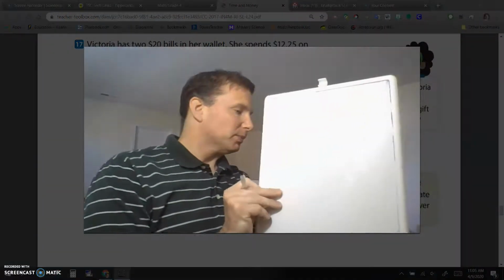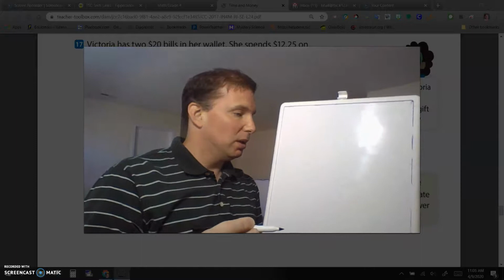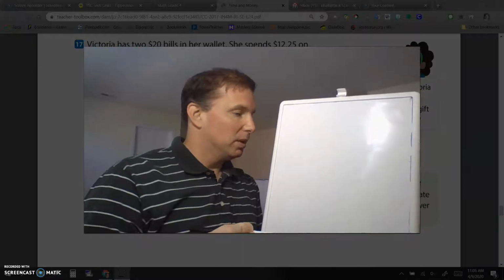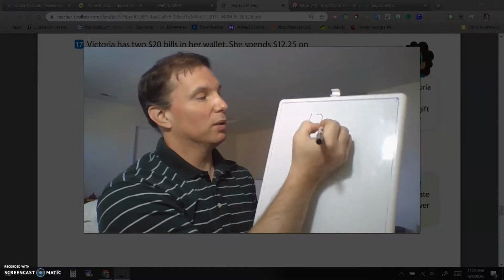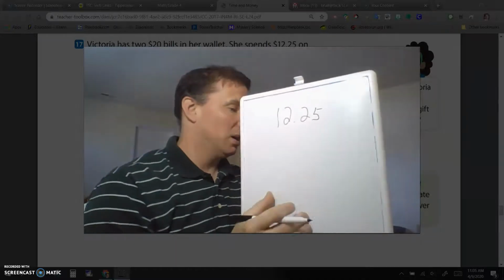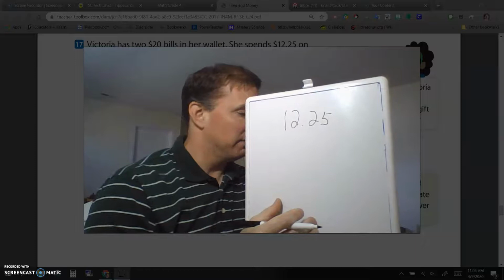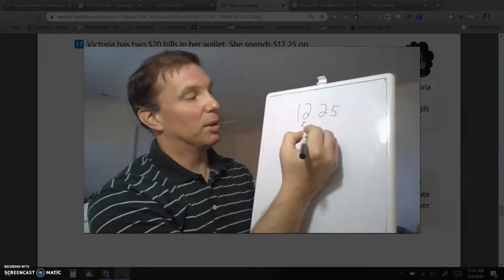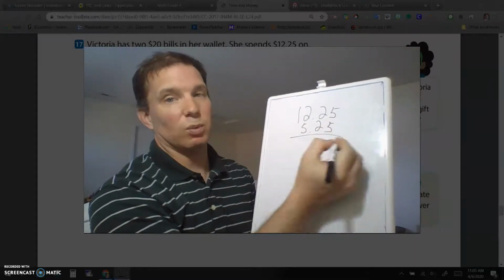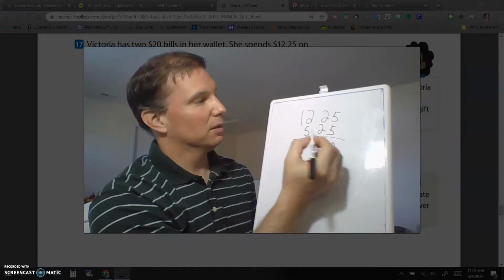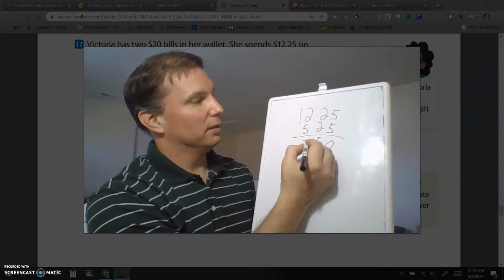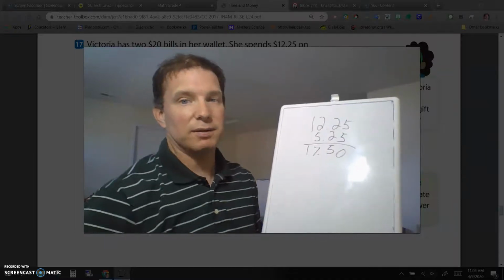So we have to add $12.25 first, plus $5.25. Remember, line up the decimal point when you are adding, so that's going to be $17.50.